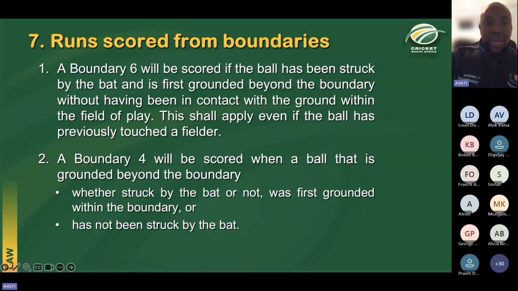It is not a boundary 6, it is a boundary 4 because it was not struck by the bat. And because it was not struck by the bat, it hit the person of the striker. The correct signals are leg bye and boundary 4. Okay, leg bye and boundary 4.